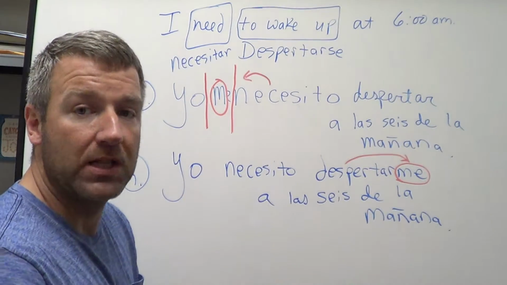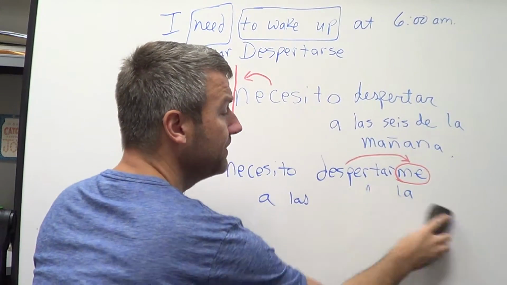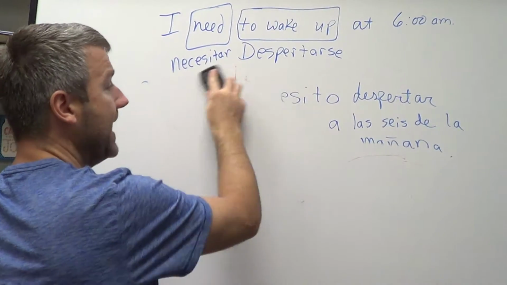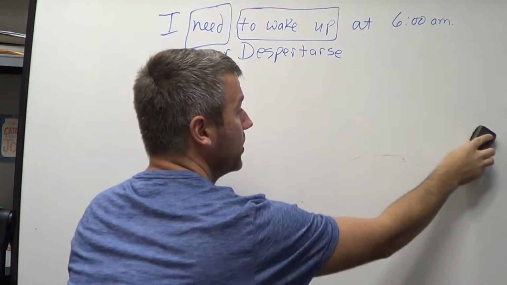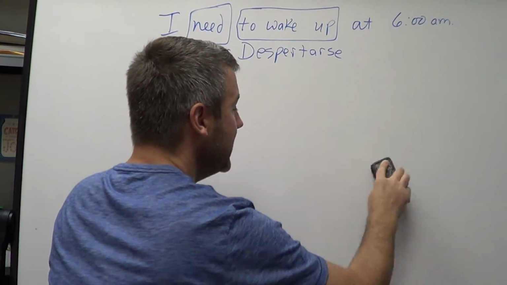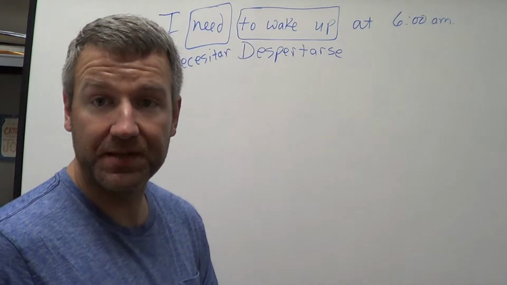Now, let's look at another example right here, because in this example, I say that I need to get up at 6 in the morning, okay? But let's say that you need to get up at 6 in the morning.